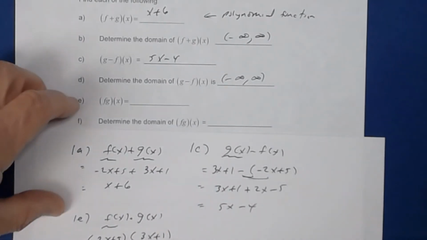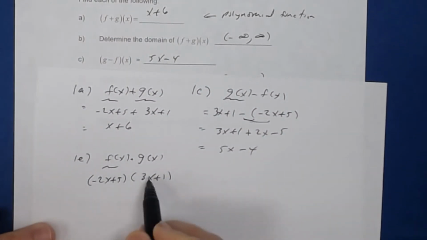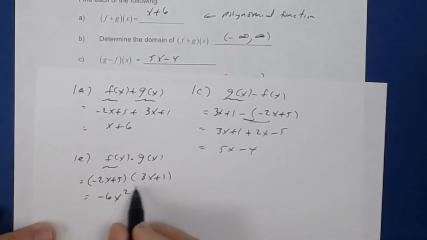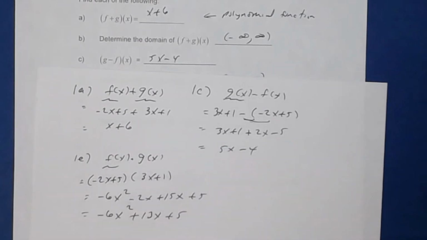Since those are two binomials, I can use the FOIL method. Negative 2x times 3x is negative 6x squared. The outer is negative 2x. The inner is 15x. And the last is positive 5. Combining like terms and putting in descending order, I get negative 6x squared, negative 2x and 15x is 13x, plus 5. So that's my new function.